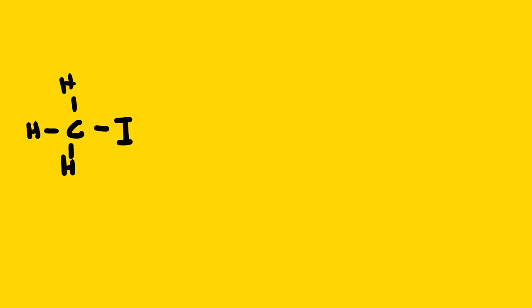Remember, what is important is for you to identify the leaving group from the substrate. So this reacts with OH minus, which is hydroxide. Let us look at the substrate: between carbon and iodine, which one is more electronegative?